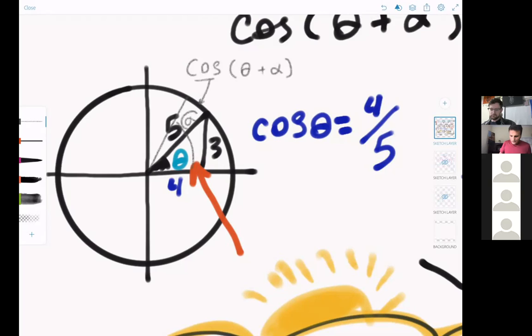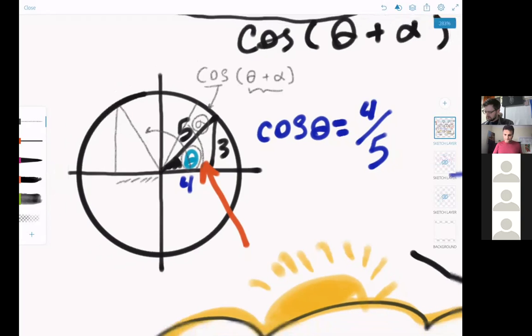When you add alpha and theta, it happens to be more than 90. It came to this quadrant. So this is alpha plus theta, and in quadrant 2, cosine is negative. That's what's happening. When you add them, it exceeds the first quadrant and goes to the second quadrant.